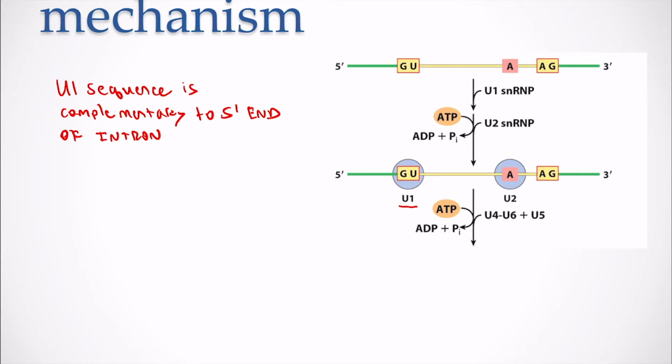U2 is going to have a sequence that pairs with the region with the adenosine, and this will be the nucleophile.